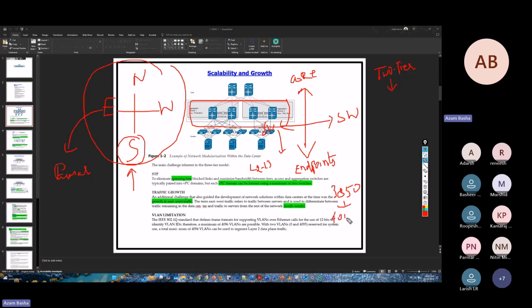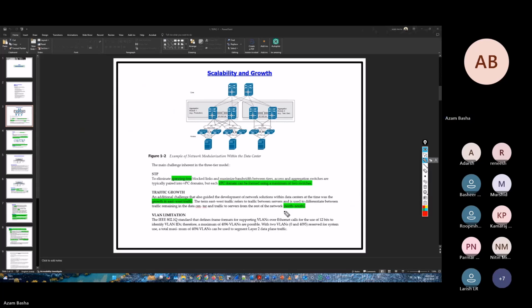So these are the mid-level switches you see in traditional networking. When you say north and south, that means the increase in the core switches and the increase in the endpoints. East-west traffic means the increase in your L2, L3 switches.